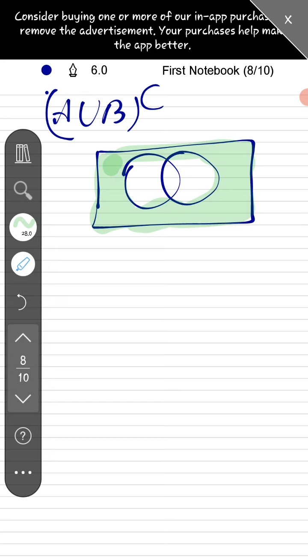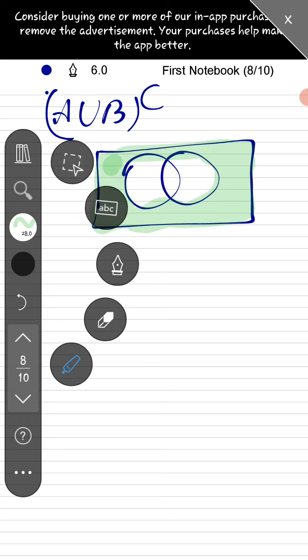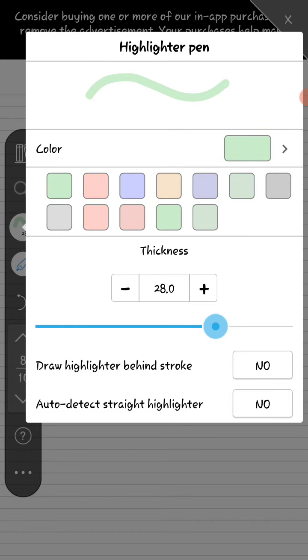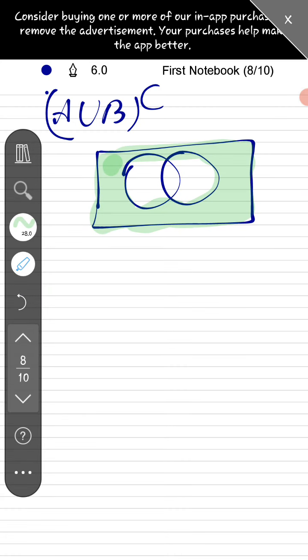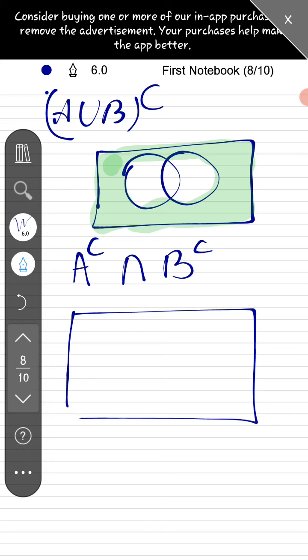Right. Now we have to draw one more thing. Now we have to draw A complement intersection B complement. Let's draw this out.